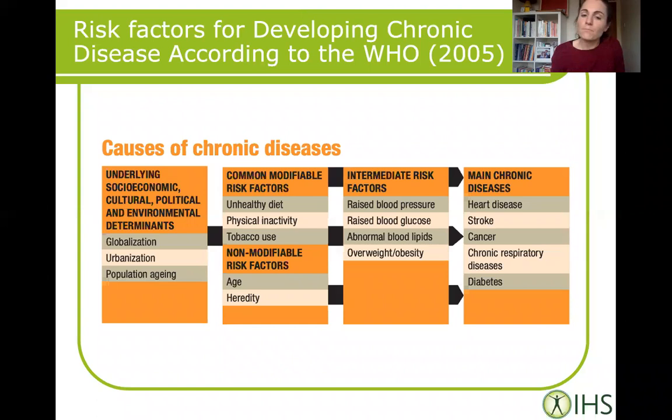Whilst the World Health Organization has said that an unhealthy diet, physical inactivity, and tobacco use can lead to the development of metabolic syndrome, there still isn't consensus as to what exactly a healthy diet is and what we should be eating. More and more research is coming out about personalized nutrition, which I'm going to talk about shortly.